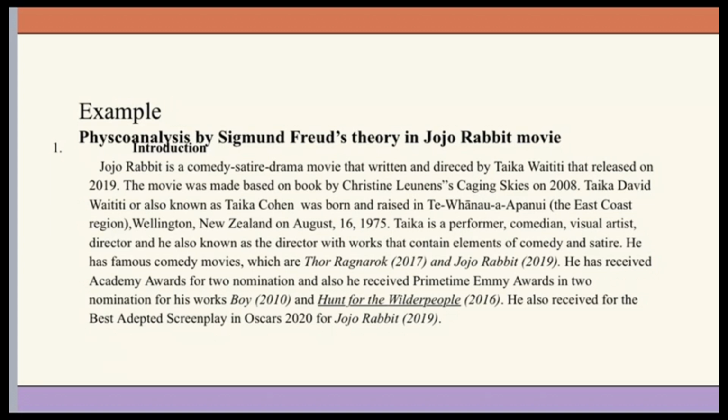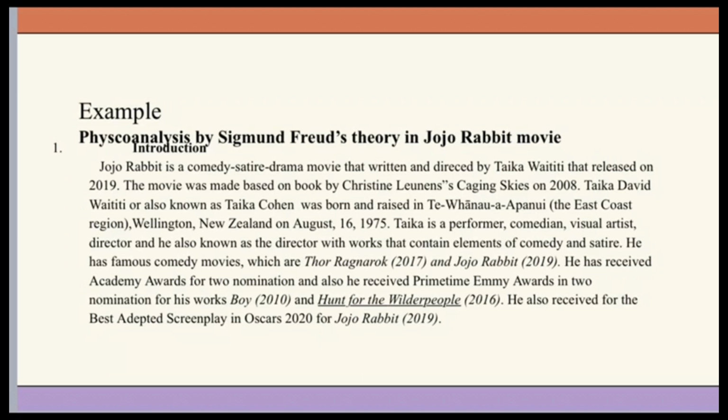The movie was made based on the book Caging Skies by Christine Leunens in 2008. Taika David Waititi, also known as Taika Cohen, was born and raised in the Papanui, East Coast region, Wellington, New Zealand on August 16, 1975.